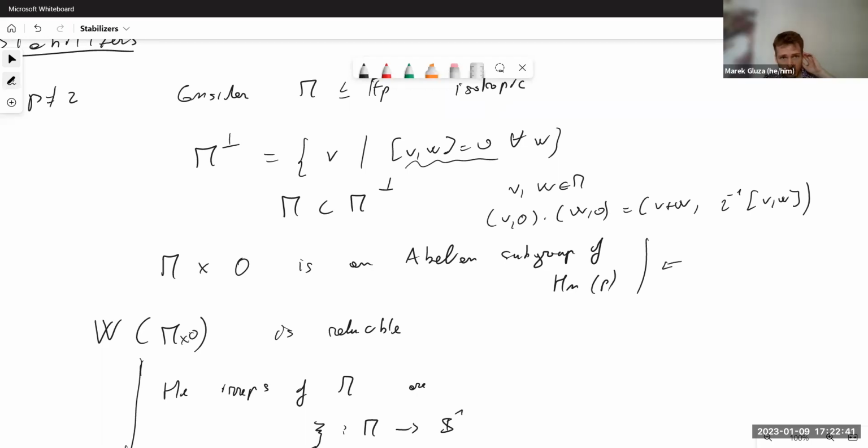So I missed that it's needed that it's isotropic, and that condition makes it abelian. Yes, because the symplectic form is antisymmetric, so by taking the isotropic condition you are just cancelling the symplectic product. All right, thank you very much.